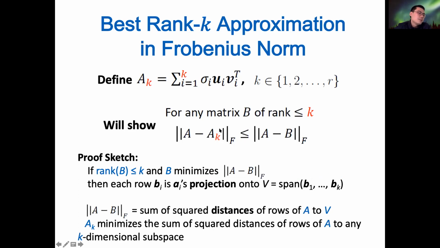Put simply, AK is really the closest to A, the best you can find among all possible B's. We are repeating what we proved before, just to memorize this conclusion. So among all rank K or less matrices approximating A, AK is the closest. AK is really the best.